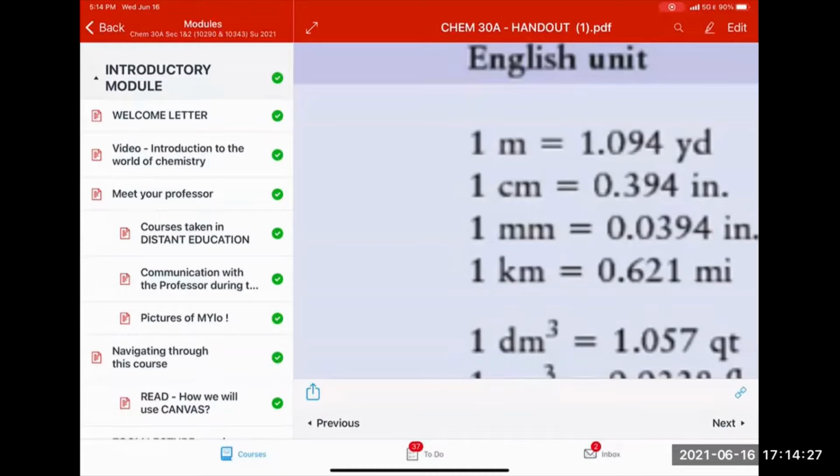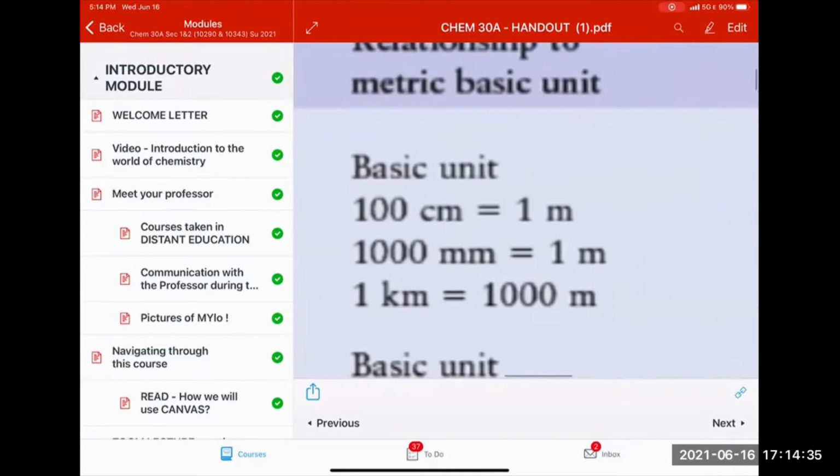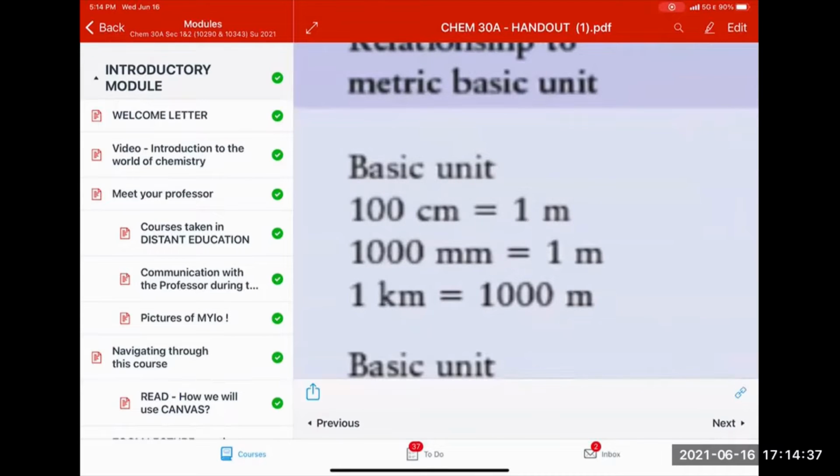Okay, 1 centimeter equals 0.394 inches. So similarly, these equalities make the units the same, so that we would have a universal, same measurement throughout.